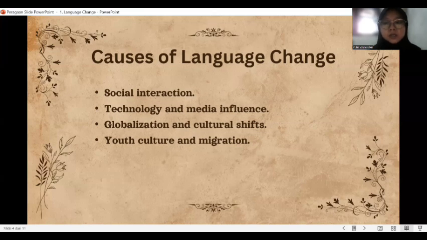For example, LOL, DM, and viral. The third is globalization and cultural shift. As culture changes, so does language. The fourth is youth culture and migration. Teenagers often thrive on slang and new word use.